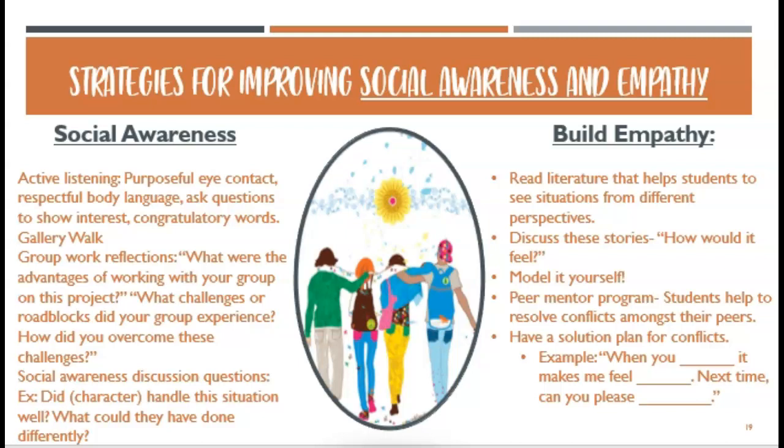We may not be in a physical classroom with our students, but through our camera, I am making eye contact with them, right? Respectful body language, asking questions to show that I'm interested in hearing what they have to say, offering up congratulatory words. Now, when I am doing these things, I am modeling this for my students. It is going to encourage them to do the same, okay?